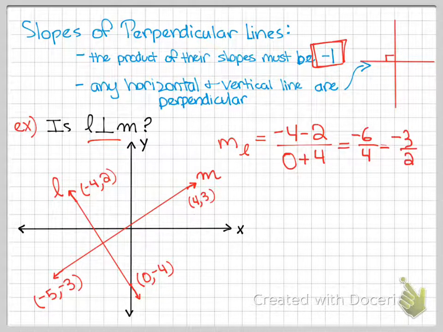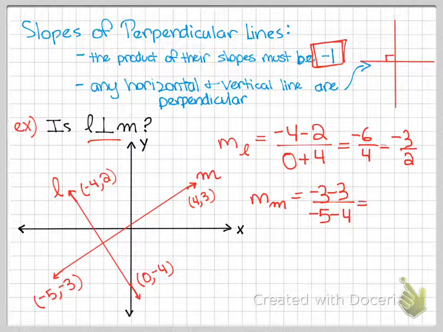Okay, let's find the slope now of line M. So that would be -3 minus 3 over -5 minus 4. So that is -6 over -9, which simplifies to 2 over 3. So we want to know, are these two lines perpendicular?